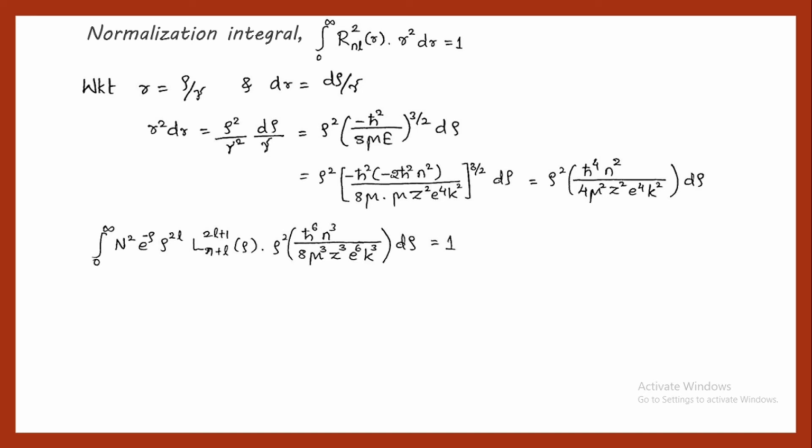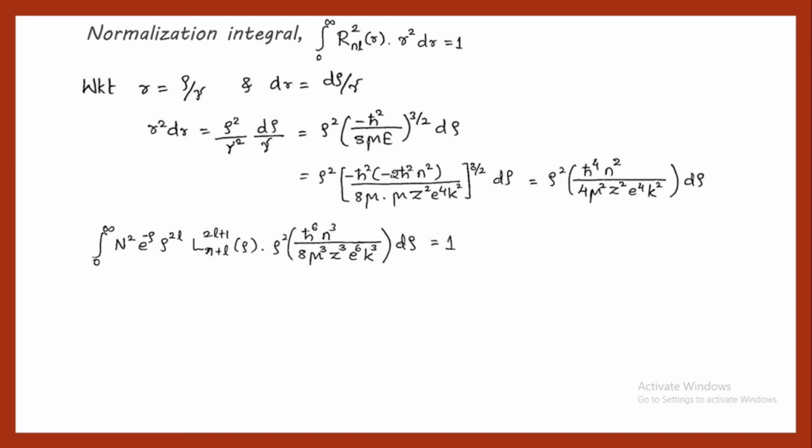Why we have to do this is that we have considered our solution of the radial wave function in terms of rho, and the normalization integral is with respect to r. So we need to find the normalization integral in terms of rho.